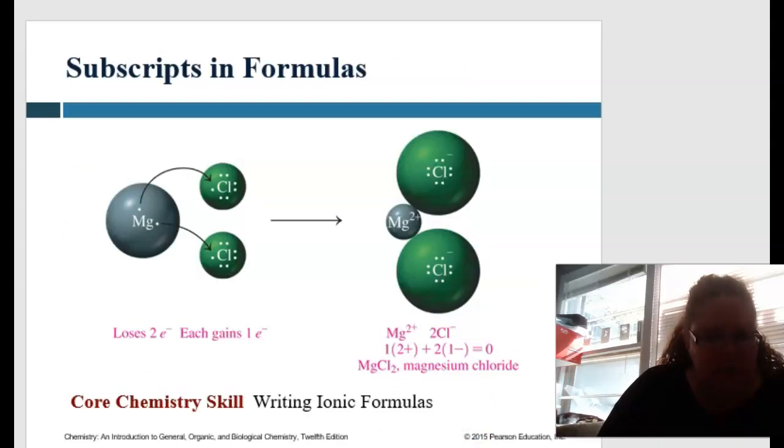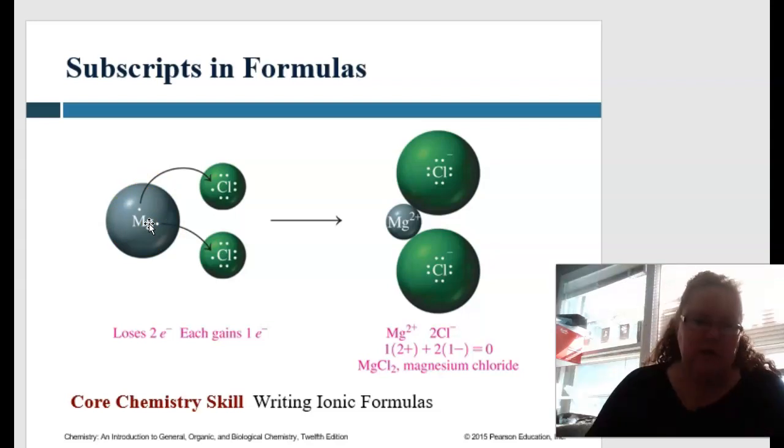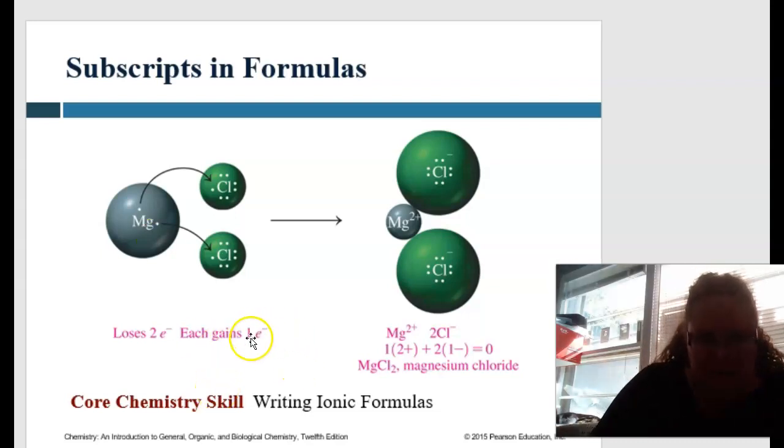Looking at the subscripts in the formula and how they're written out, when we look at magnesium chloride, magnesium from our handy little table that I printed out and laminated is going to lose 2, while each chlorine gains 1. So we need 2 chlorines, the 2 negatives, to balance the single 2 plus.